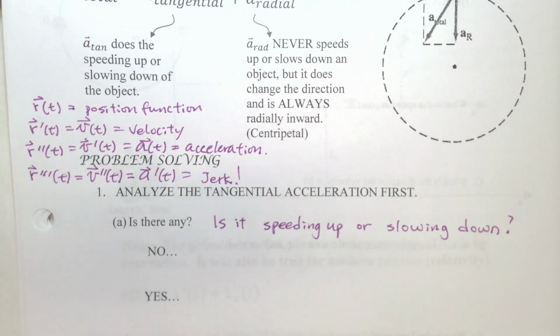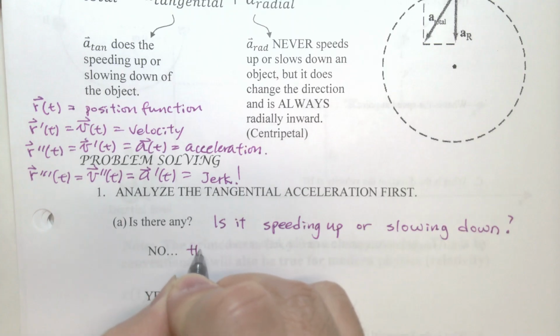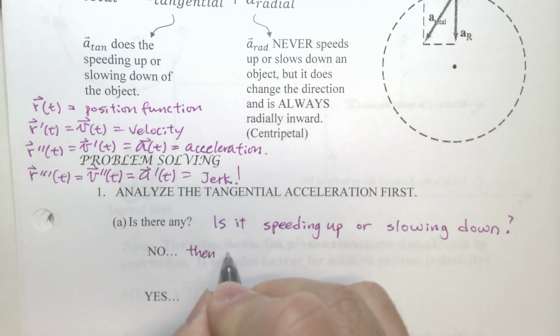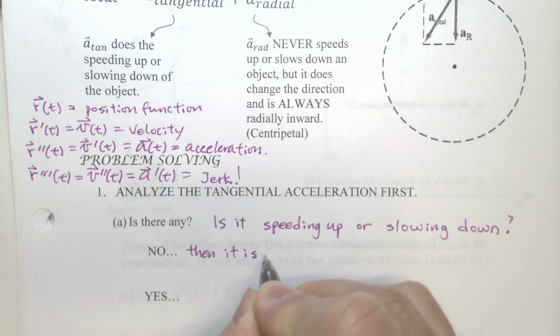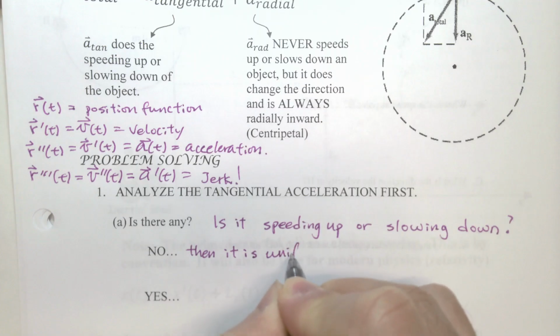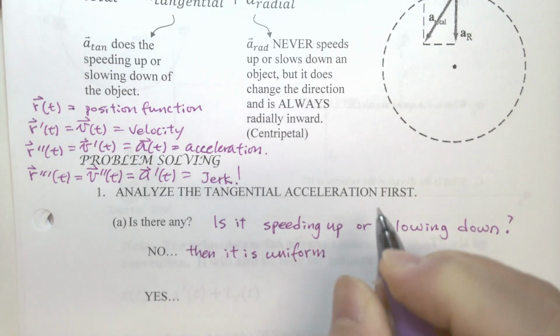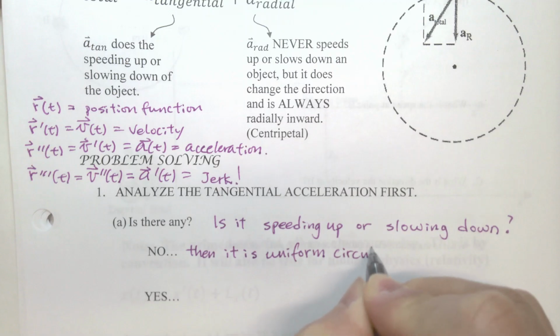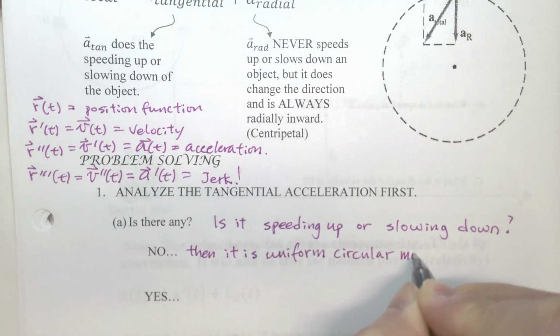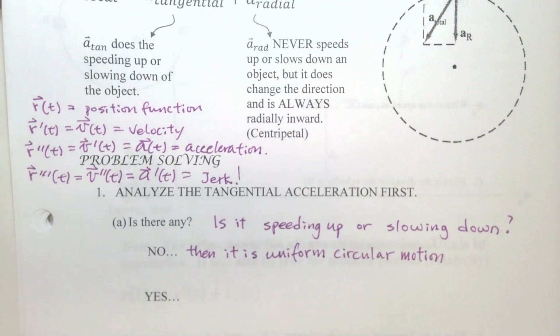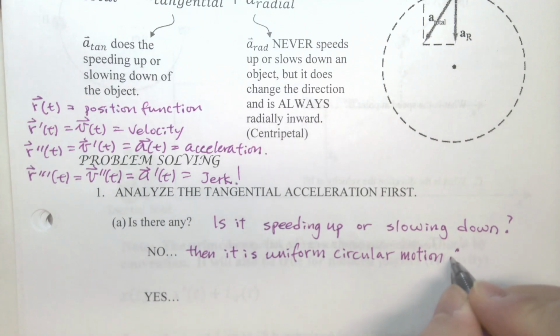If it's no, then it's uniform circular motion. Therefore, we only have a sub c.